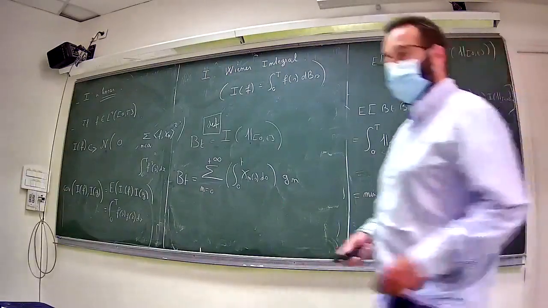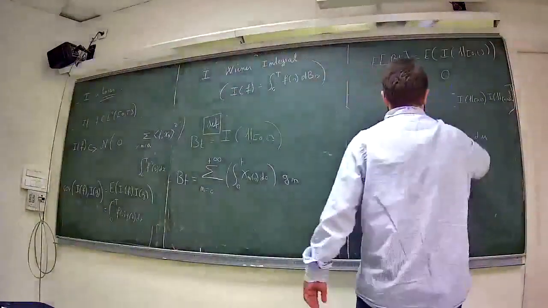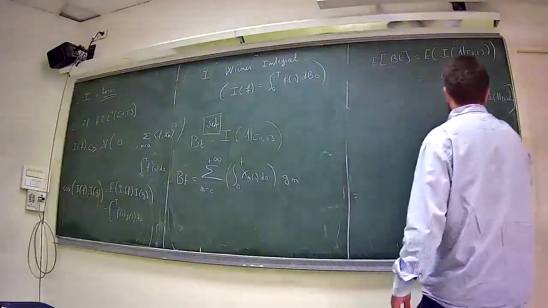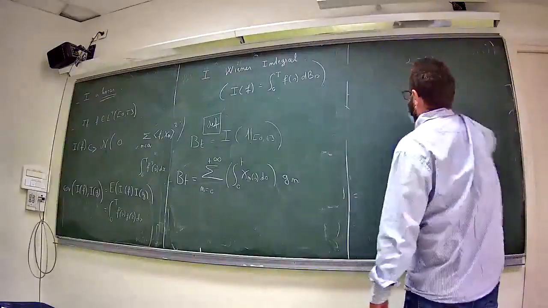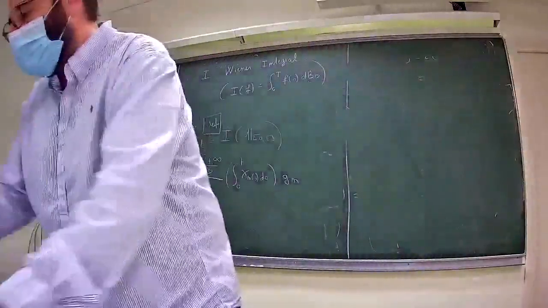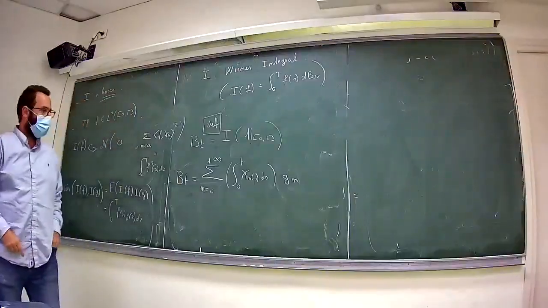I continue with this notation here, in order to explain to you this one that is also a notation. So I have the definition of my Brownian motion.